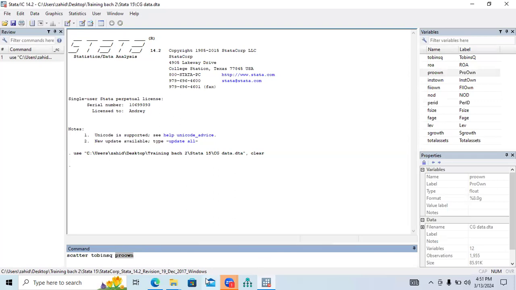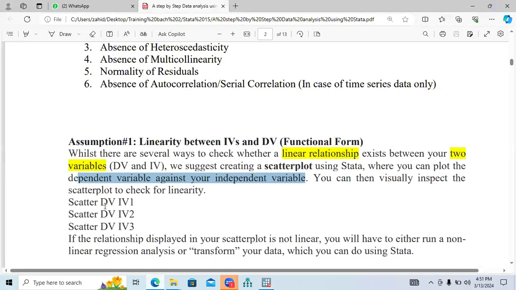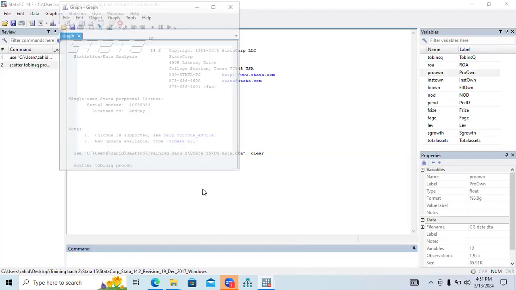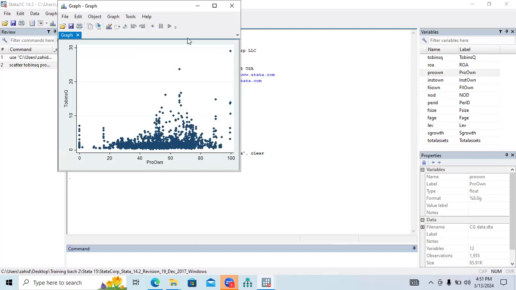That is the pattern I have mentioned here: DV, then IV. You cannot put all the IVs together. You can test them one by one, using the same dependent variable each time and changing the independent variable each time. Press enter, and you will see the scatter diagram between both of them.